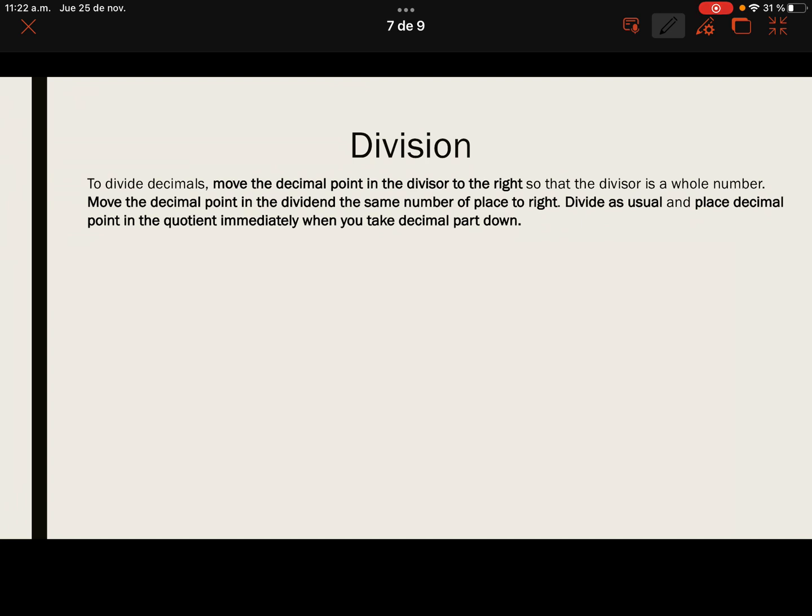The example is 0.86 divided by 0.7. Okay? Remember, division is not possible if the divisor is a decimal number. Here, the divisor is a decimal number.